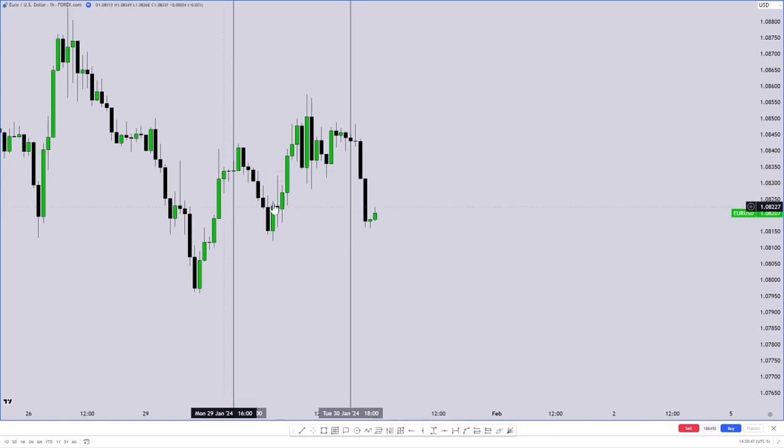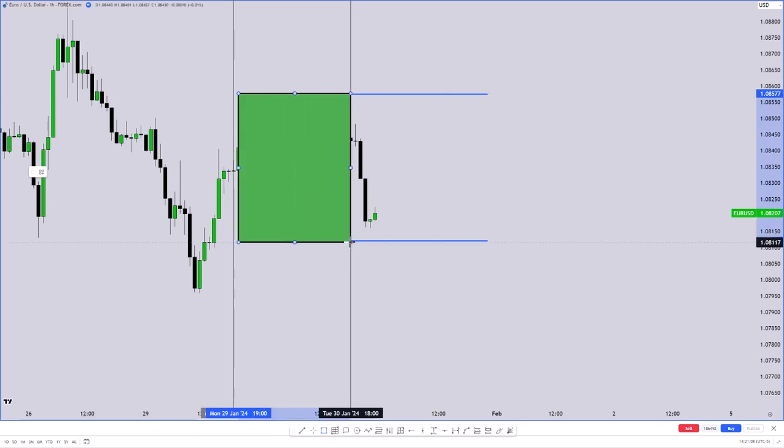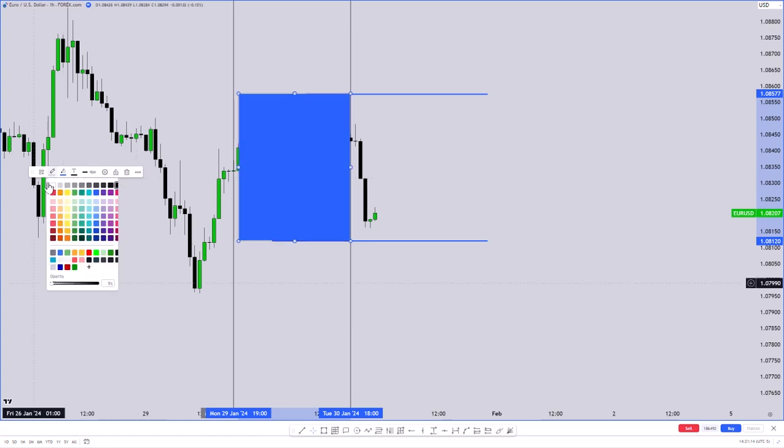So now if we divide this range like this, you have the previous day high and the previous day low, right? Then you outline the next 24-hour range, which is from 18 to 18, right? It's a full 24-hour range, 18 to 18. If you divide this range into quarters like this, right?